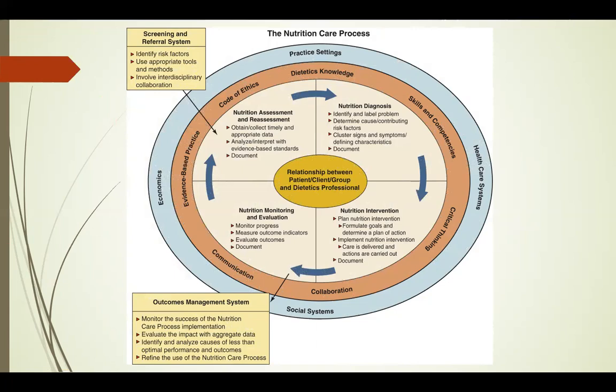And so one of the huge goals in this class is to use the nutrition care process to identify patients at nutrition risk or patients who are already experiencing suboptimal nutrition, diagnose their nutrition problems, plan meaningful and achievable nutrition interventions, and monitor the progress as we go.